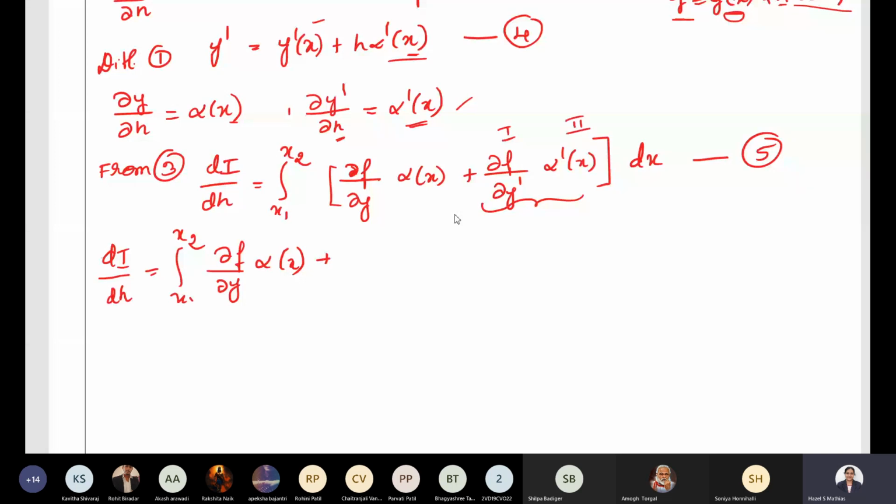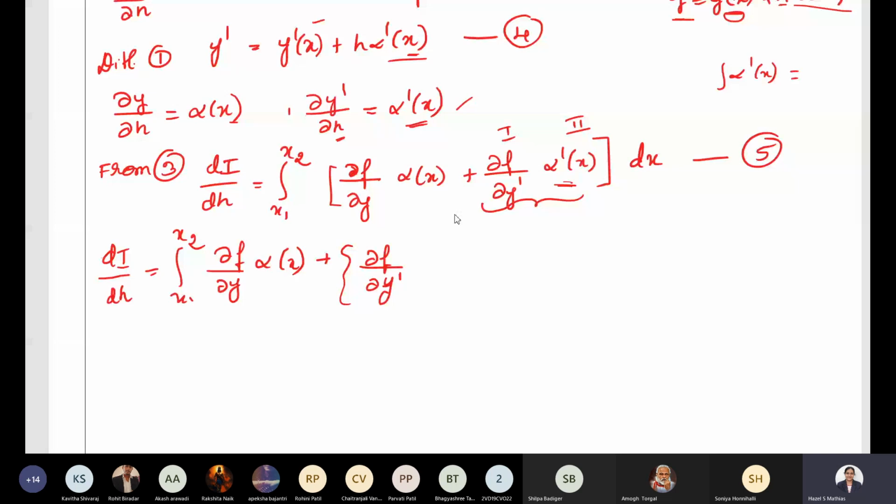First term into integration of the second term. Our first term is dou f by dou y dash. What is the integration of alpha dash of x? Alpha x. So it is dou f by dou y dash into alpha of x. So the first part is over.